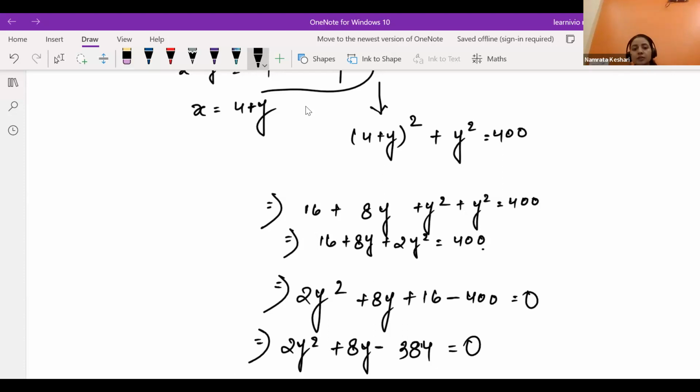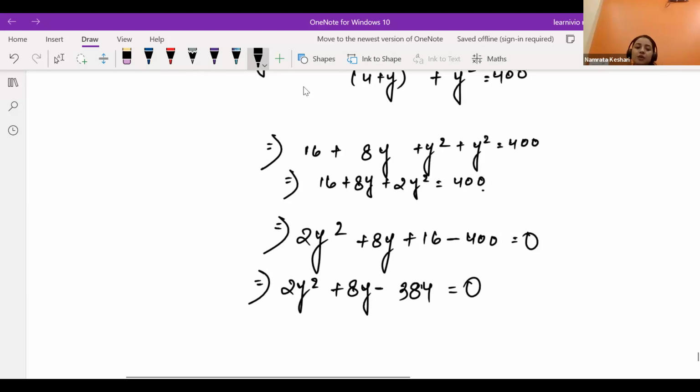Now we can take out 2 common, so that our number will be smaller, and then we can better think about splitting the middle term. We will be having here y square plus 4y minus 192.